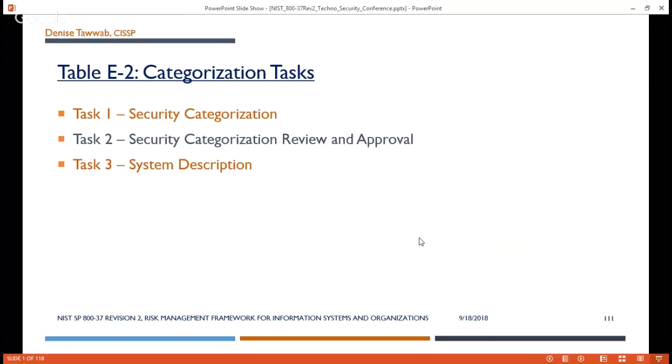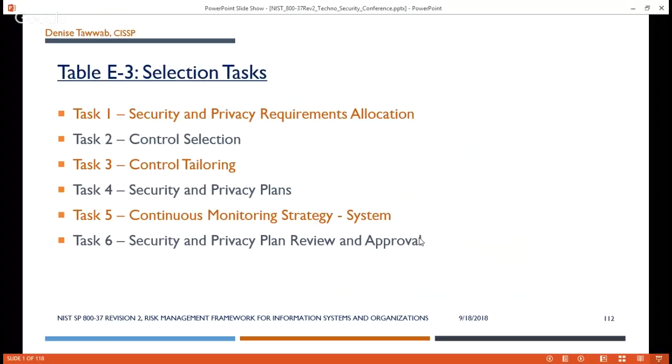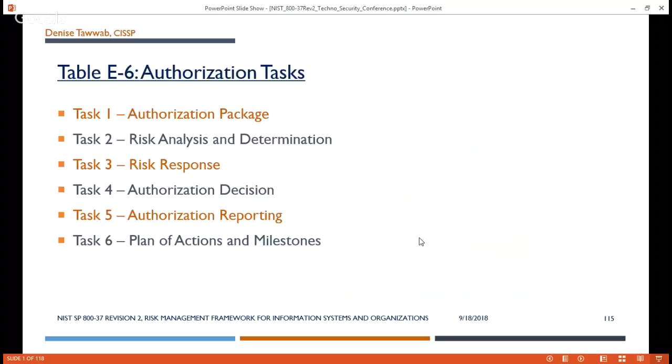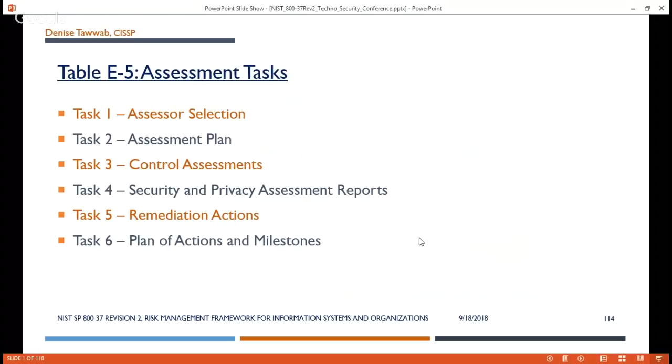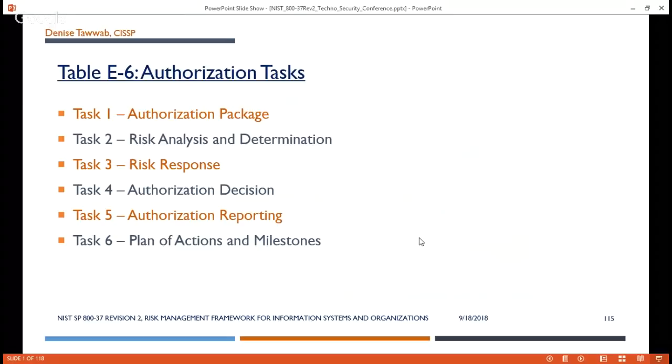Then table E2 talks about your categorization task. This is where you do security categorization, review, and approval, and your system description. E3 is your selection task. E4 is implementation. E5 is assessment. E6 deals with authorization task, where you have your authorization package, your risk analysis and determination, your risk response, the authorization decision, the authorization reporting, and the plan of actions and milestones.